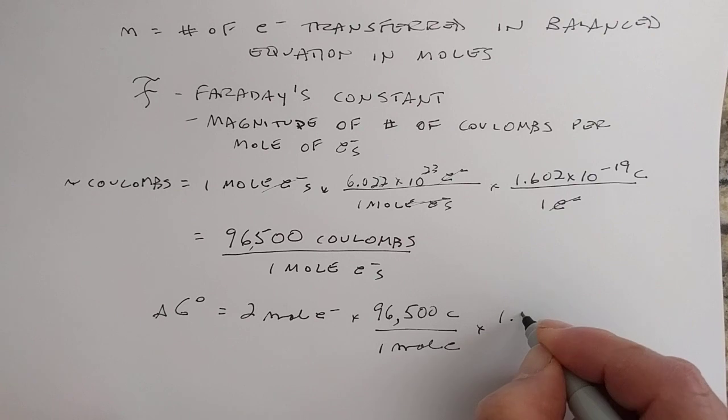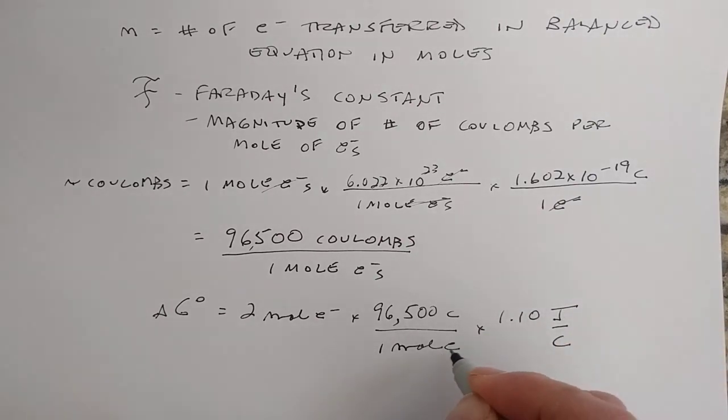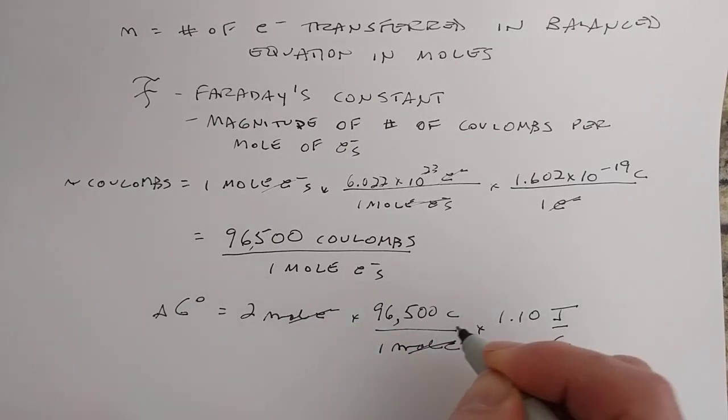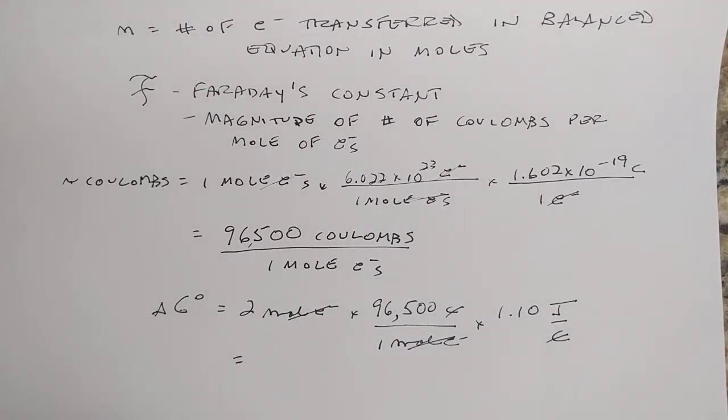We had 1.10 volts, but we're going to write it as joules per coulomb so that we can cancel out, do the math, and let's see what we get. So 2 times 96500 times 1.1 equals, I'm going to put that in kilojoules, divided by 1,000. So we get 212 kilojoules per mole of reaction.